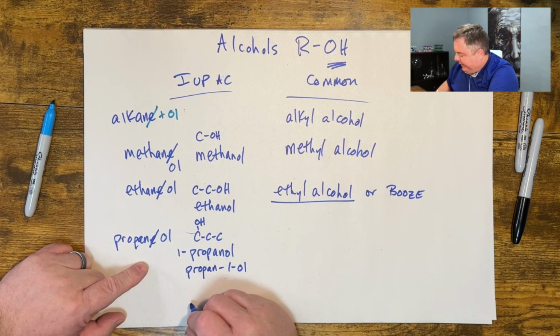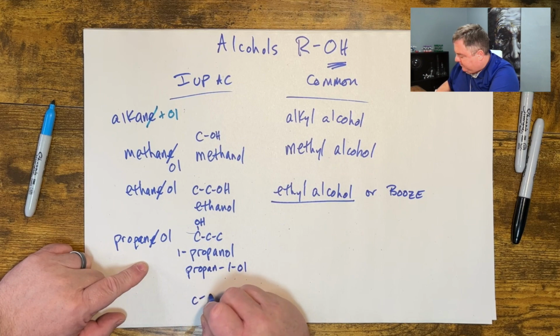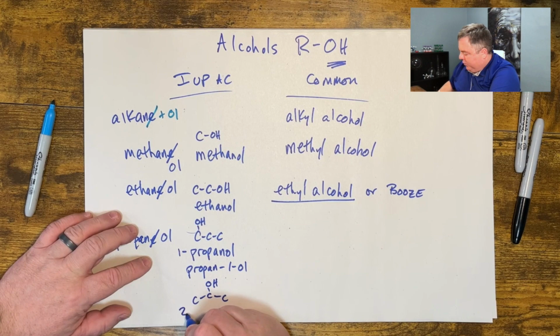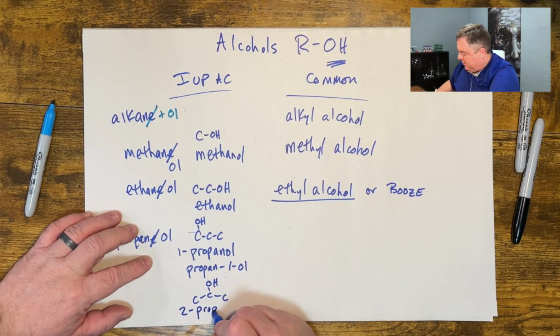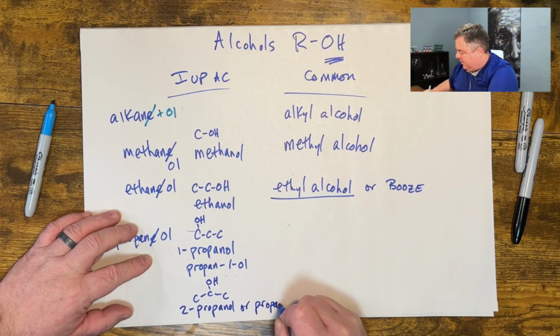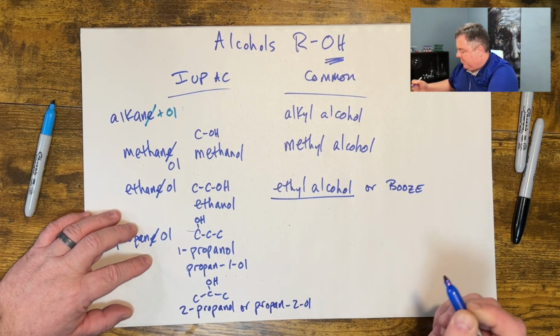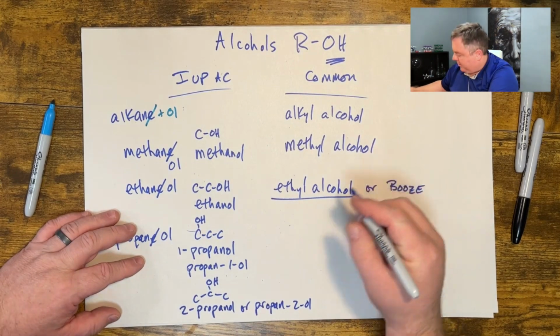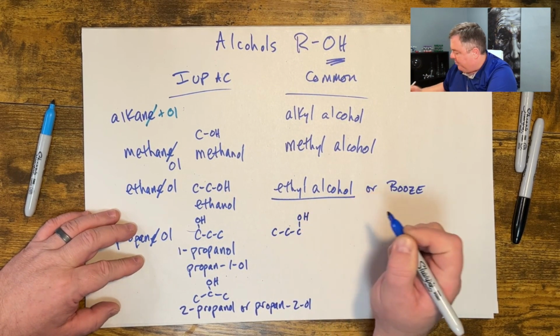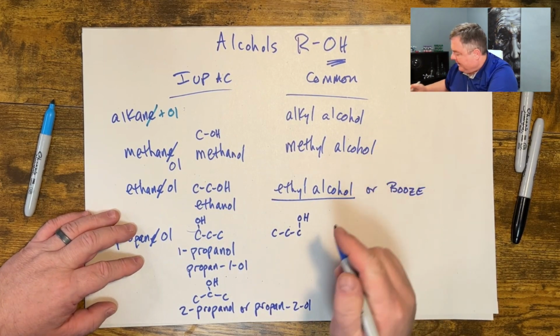If it's on the 2nd carbon, that would be 2-propanol, or propane-2-ol. It's on the 2nd carbon. What if it's on the 3rd carbon? Is that 3-propanol? No, it's not.